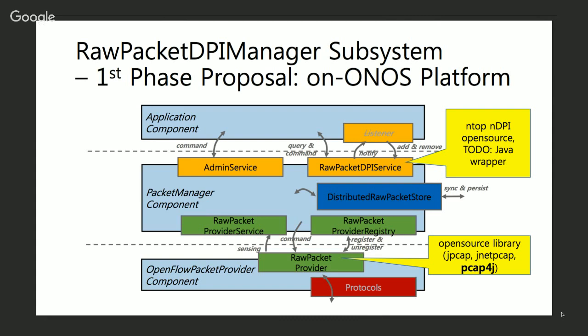They're all written in either C or C++. But since the ONOS platform is Java, we try to find any Java wrapper sources, and there are several different variations, and we're trying to compare the pros and cons of the different options.